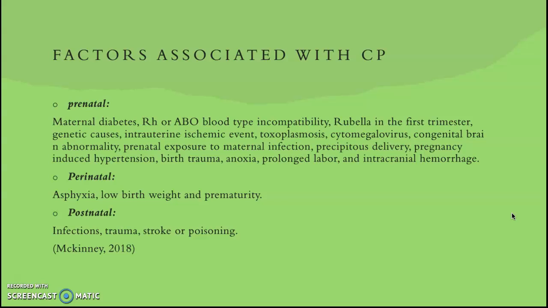Factors associated with CP: prenatally, maternal diabetes, Rh or ABO blood type incompatibility, rubella in the first trimester, genetic causes, intrauterine ischemic event, toxoplasmosis, cytomegalovirus, congenital brain abnormality, prenatal exposure to maternal infection, and precipitous delivery are a few. Perinatally, asphyxia, low birth weight, and prematurity are associated factors, and postnatally, infections, trauma, stroke, or poisoning are associated.